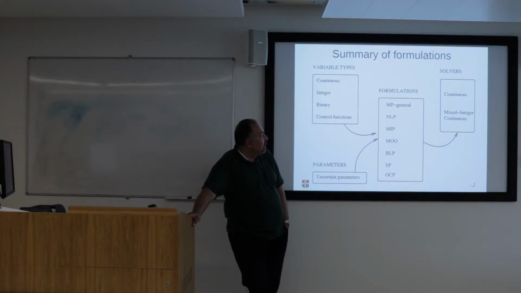So this is more or less a sketch of all the types of ingredients an optimization problem can have, all the formulations you can have, and how you go about solving them. Are there any questions before we move on to the next phase, which is to look, I think, at algorithms?